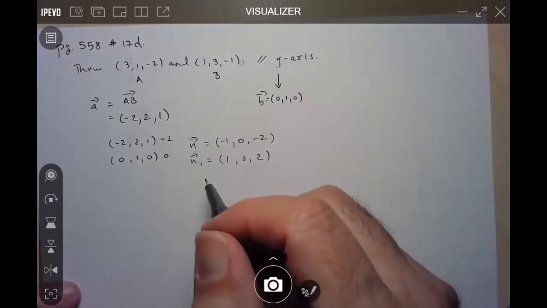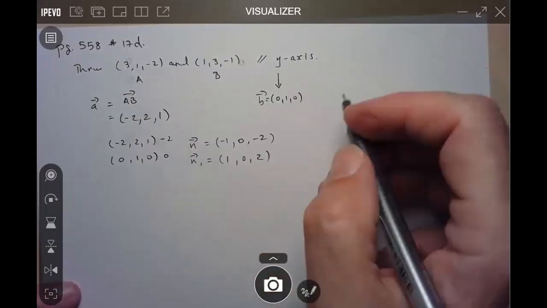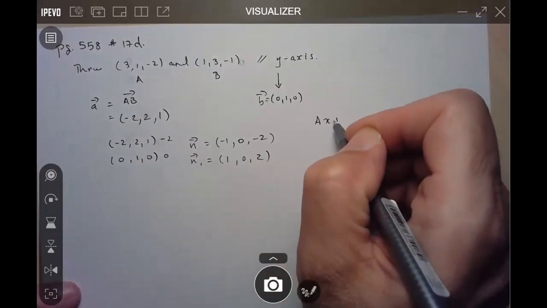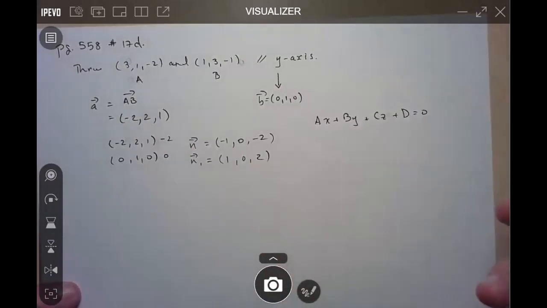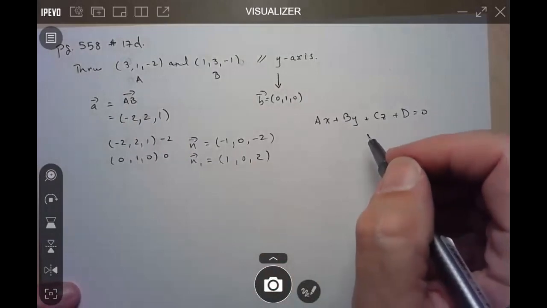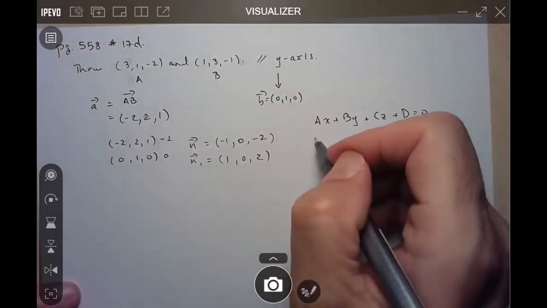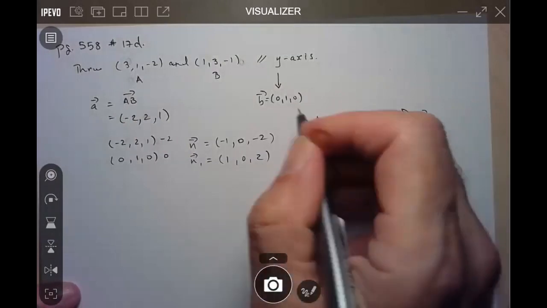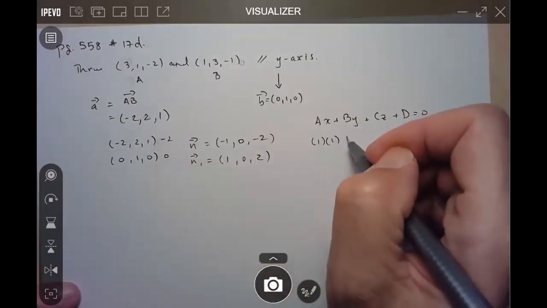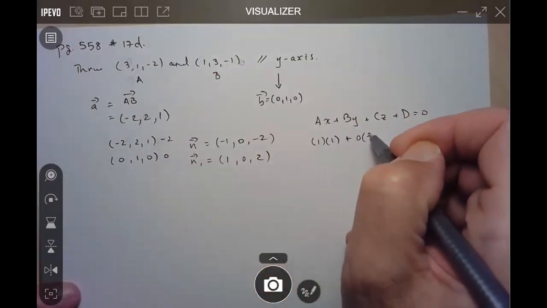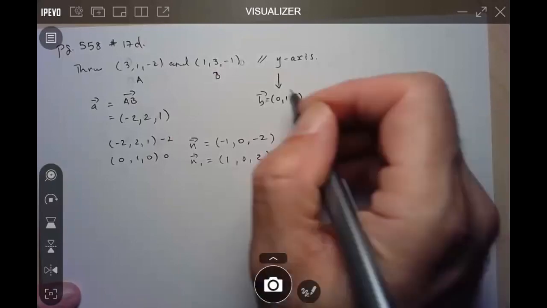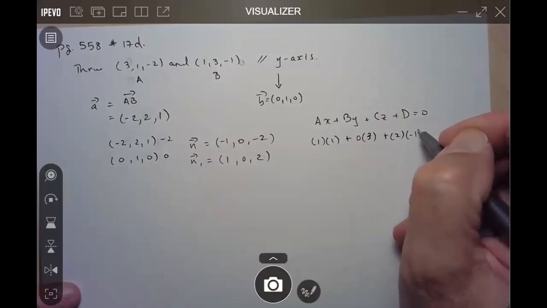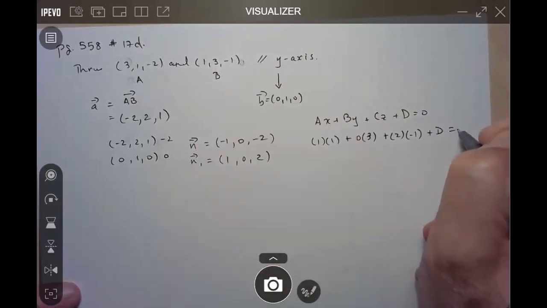Pick the one you like, and I'm going to stick this into my equation Ax plus By plus Cz plus D equals 0, or equals D, doesn't matter either way. So A is 1 times 1, plus B is 0 times 3, plus C is 2 times -1, plus D equals 0.